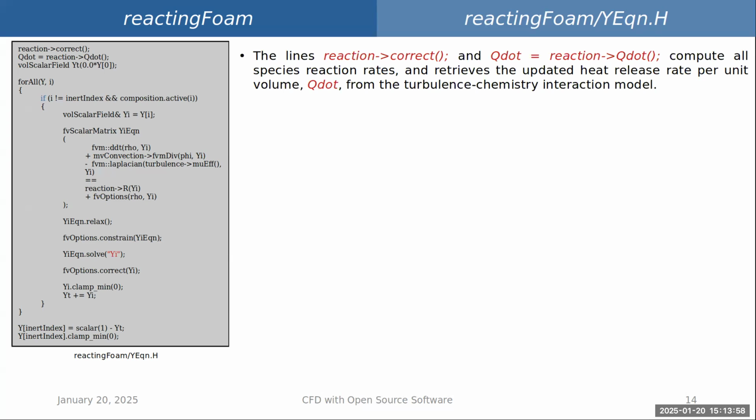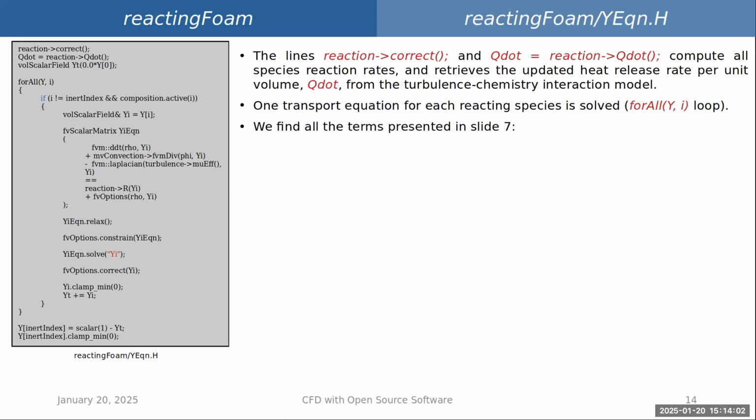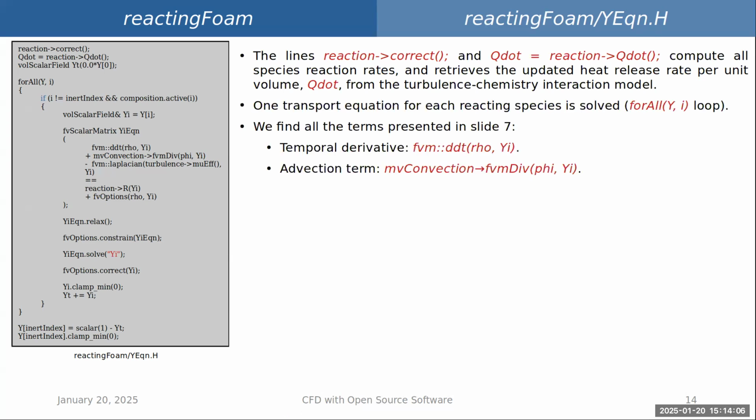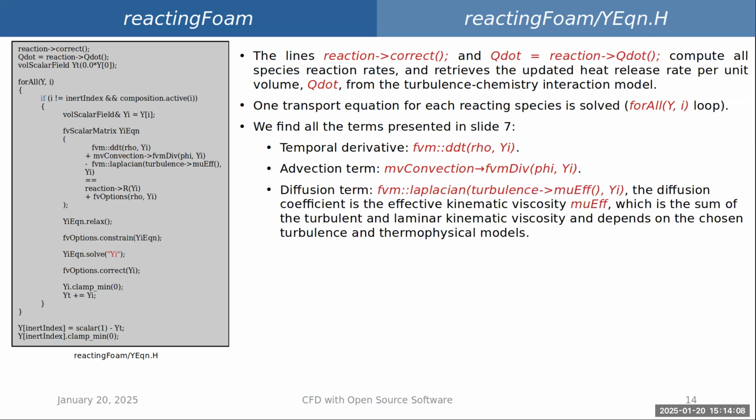So for each reacting species, a transport equation is solved, including terms for the temporal derivative, the advection terms, the diffusion terms, and we also include the chemical reactions. We see here that the diffusion terms also include the effective kinematic viscosity, which accounts for contributions from turbulence and laminar flow based on the selected models.